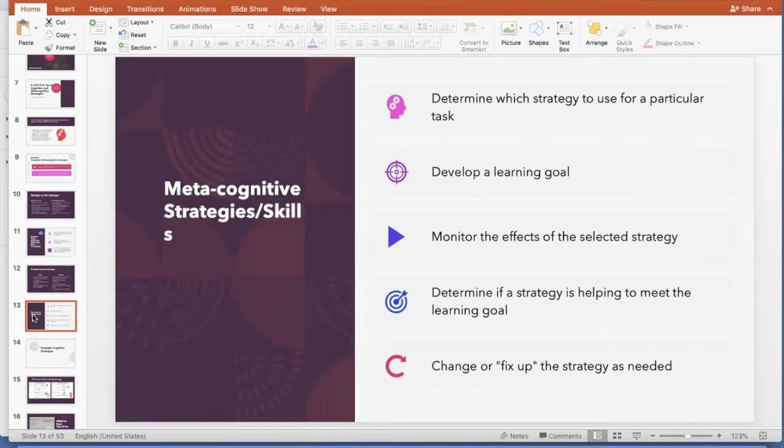Monitoring how well the strategy is working as you're going. And then maybe adjusting the strategy to make it work better for your needs or the problem type. Changing up or fixing a strategy, like I just mentioned. So those metacognitive skills are things that we want students to always be applying as they're working with cognitive strategies.